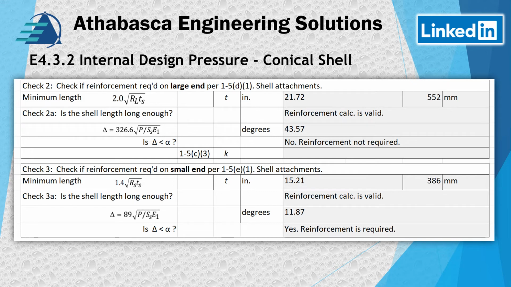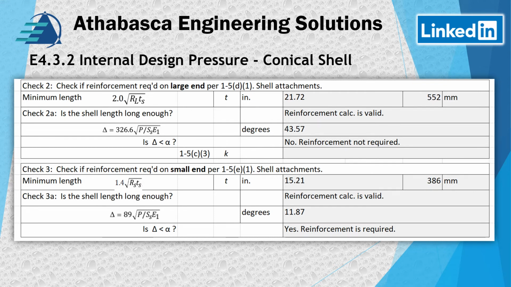And then the first equation, it says, because delta is less than alpha, we do the first check. So delta is less than alpha, and we say, of course not, it's not, so reinforcement is not required. But in the second case, we do the equation and we come up with delta of 11.35 degrees.